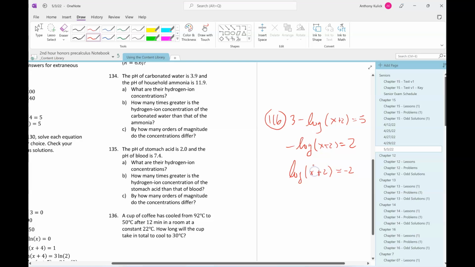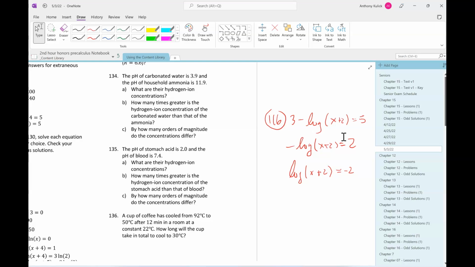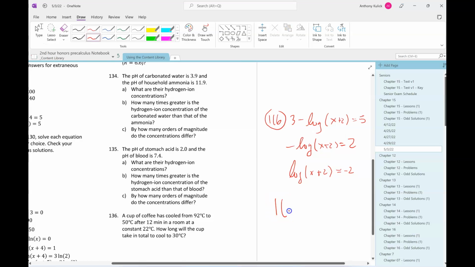Does that feel okay? And then to cancel a logarithm, what do we have to use? An exponent base. And the exponent base I want to use in this case is 10 because it matches the base on the logarithm.